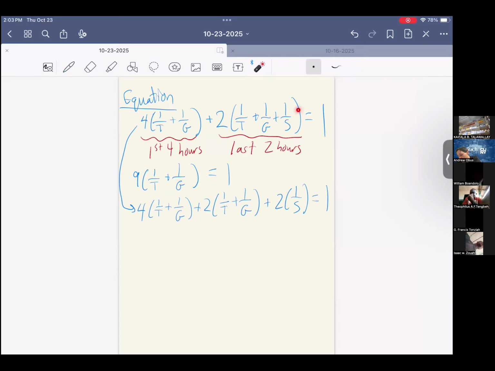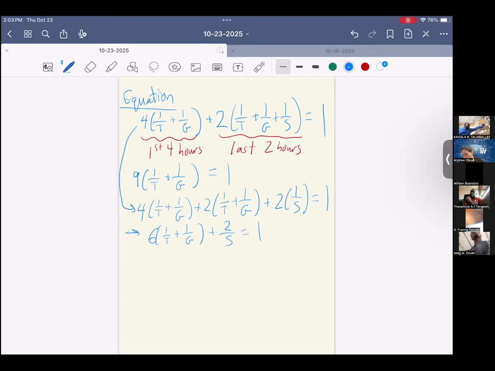All I did was break this apart into 1 over t plus 1 over g and 1 over s. Or, in other words, 6 times 1 over t plus 1 over g plus 2 over s equals 1. Okay? So I have two equations here.